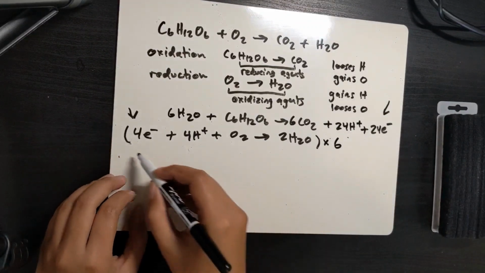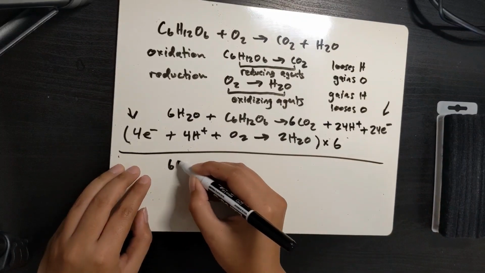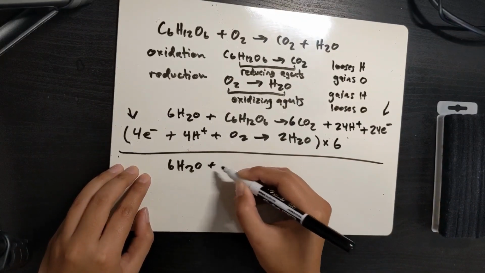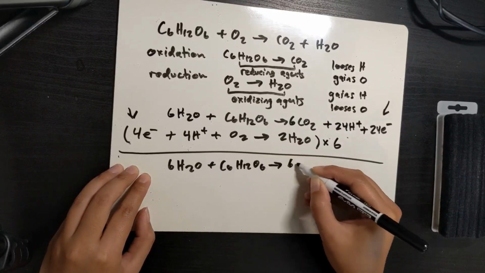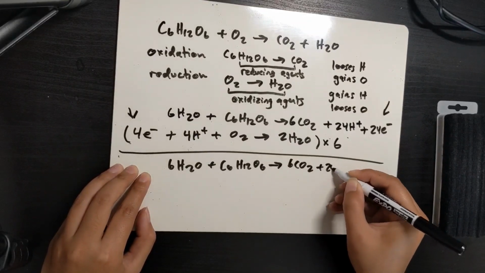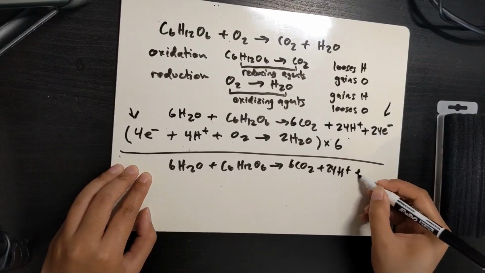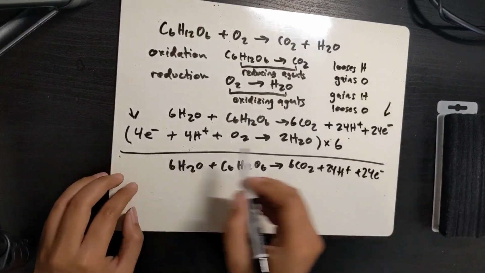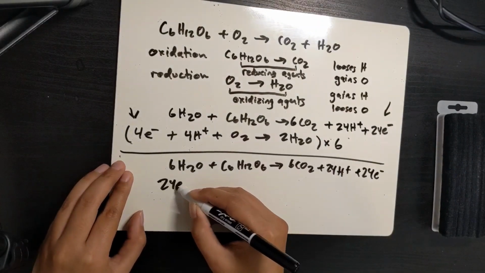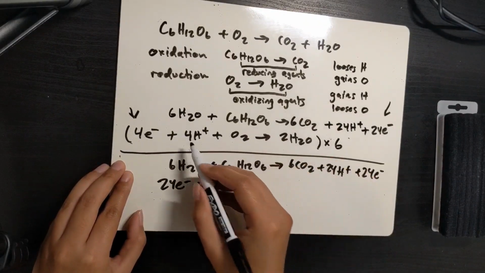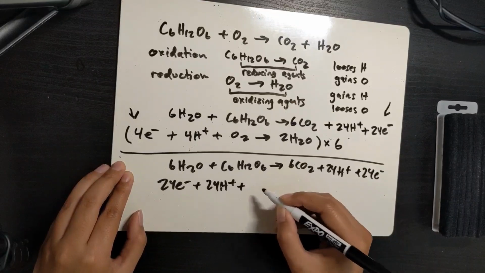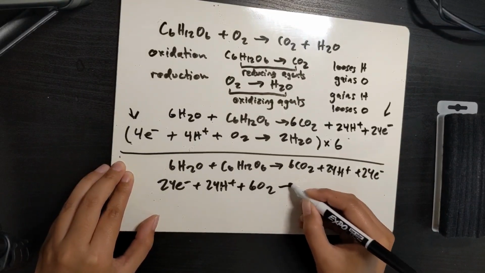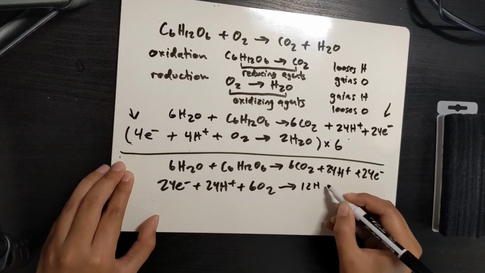And I'll rewrite this down here to make it clear. Four times 6 becomes 24 electrons plus 6. 4 times 6 becomes 24 hydrogen ions plus 6 O2 and 12 H2O.